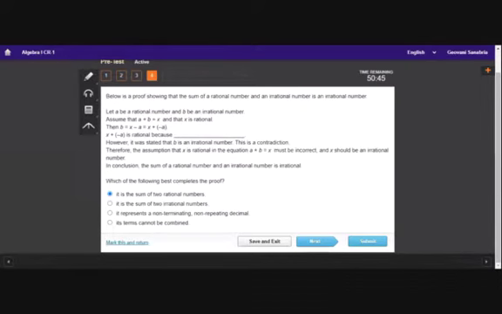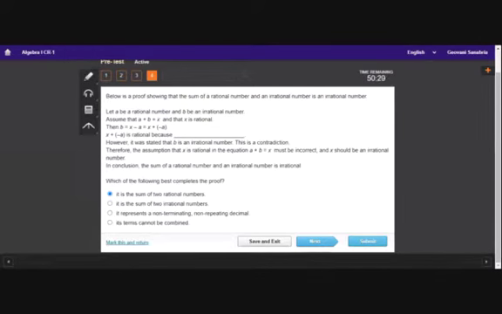But really, when it says x plus negative a is rational, they're talking about the rule where you add two rational numbers together and your answer will be rational.